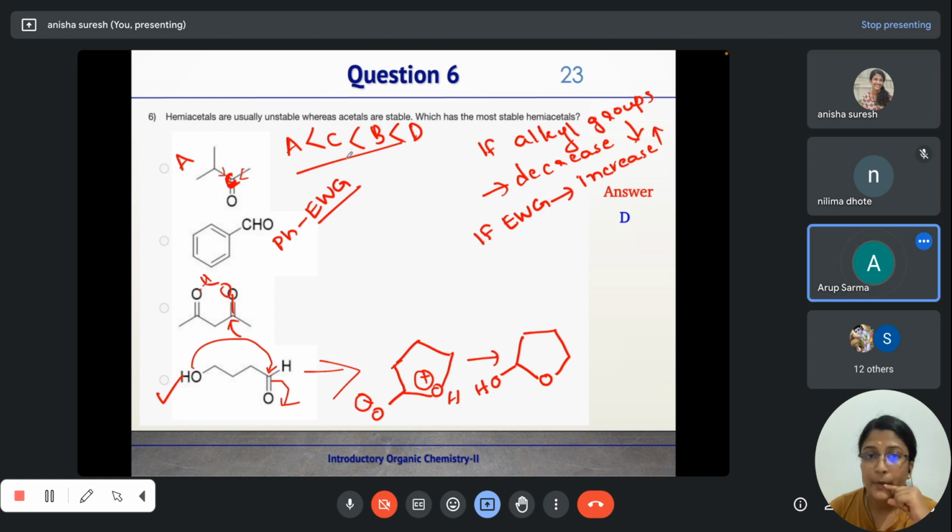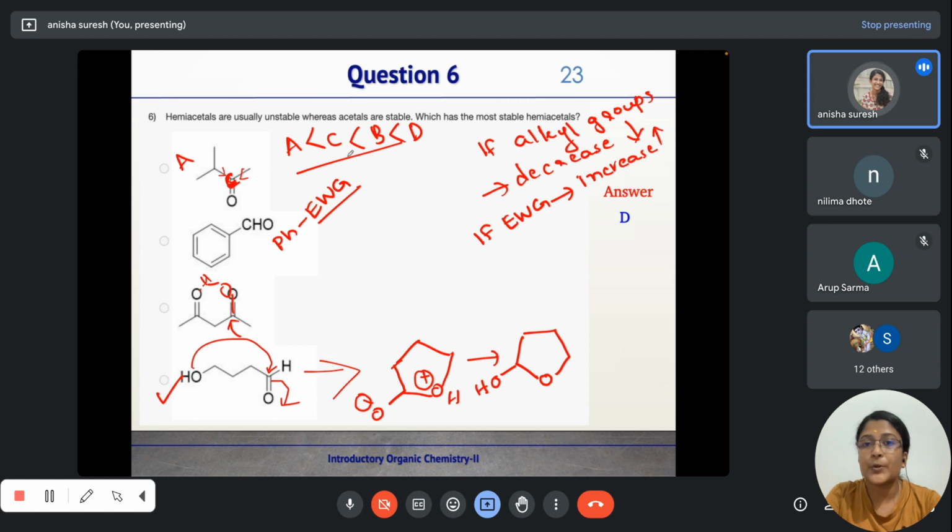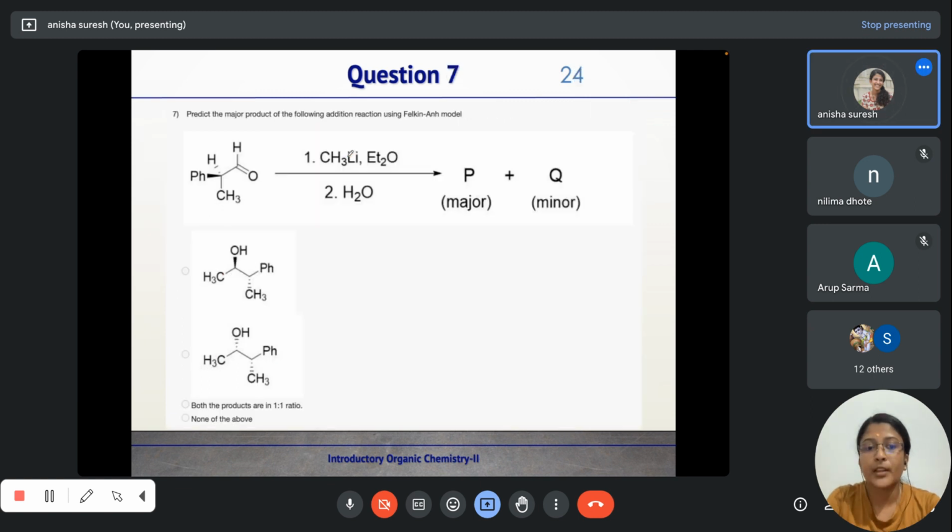Yes, ma'am. Thank you. Okay, now coming to question number 7. So this is question number 7. Predict the major product of the following addition reaction using Felkin-Anh model. So here they have given this carbonyl compound with an adjacent stereogenic center, and they are carrying out reaction with methyl lithium and finally hydrolysis.